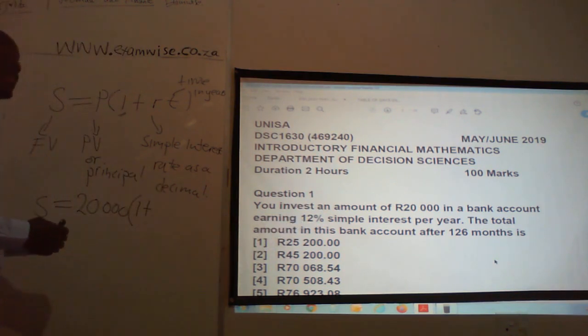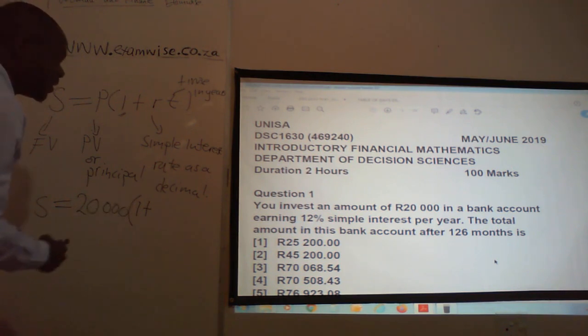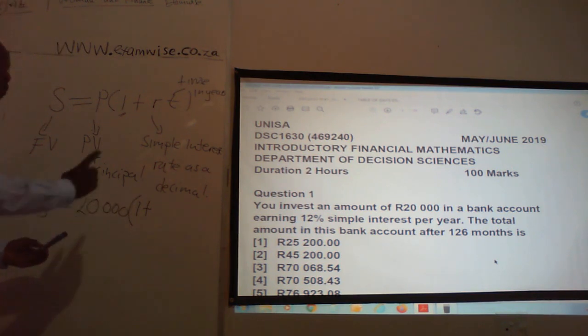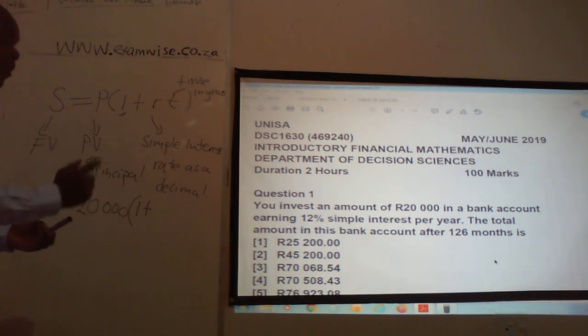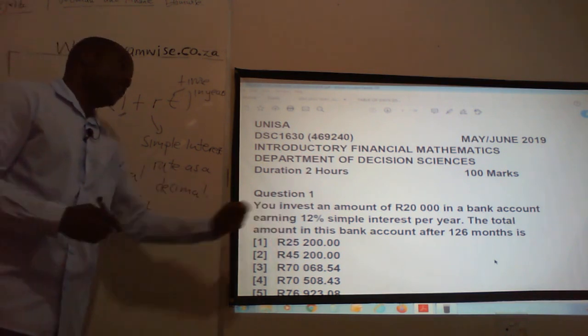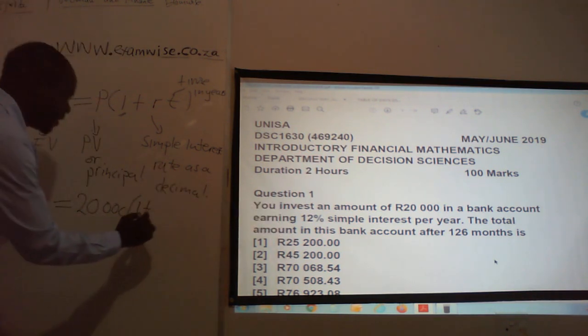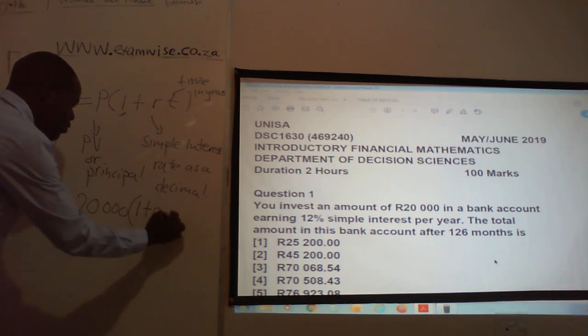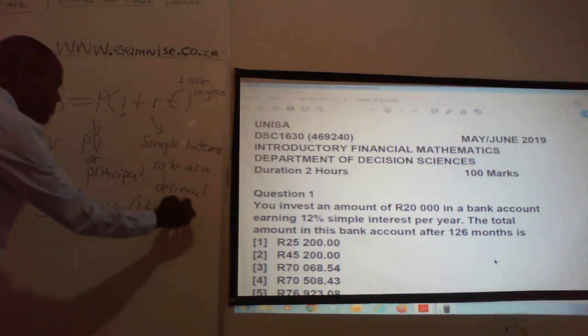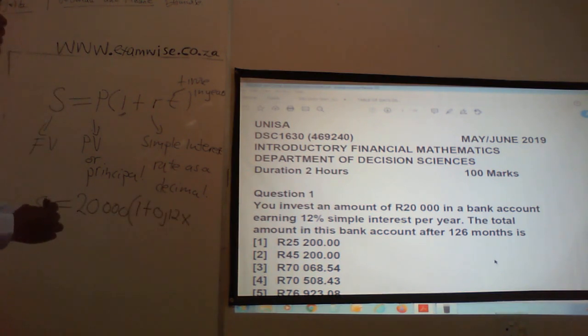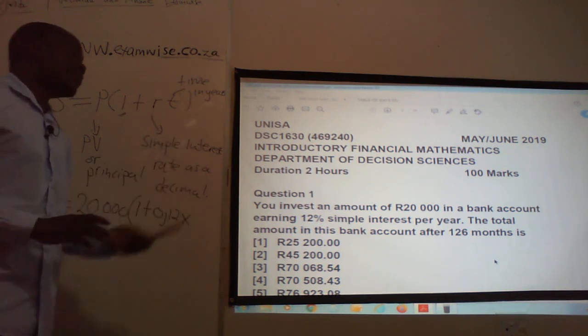To convert a number to a decimal, we simply divide by 100. So 12 divided by 100 gives 0.12. Then multiplied by T, which is the time in years.